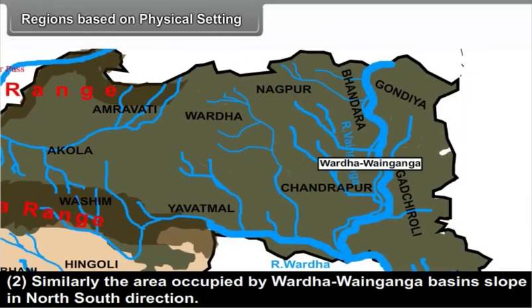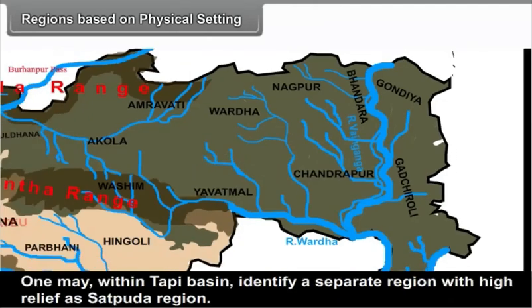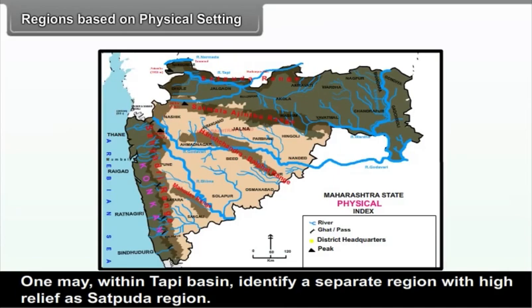Similarly, the area occupied by the Wardha-Wainganga basins slopes in north-south direction. Number 3. Rest of the plateau area has an eastward slope. Within the Tapi Basin, we can identify a separate region with high relief, the Satpura region.